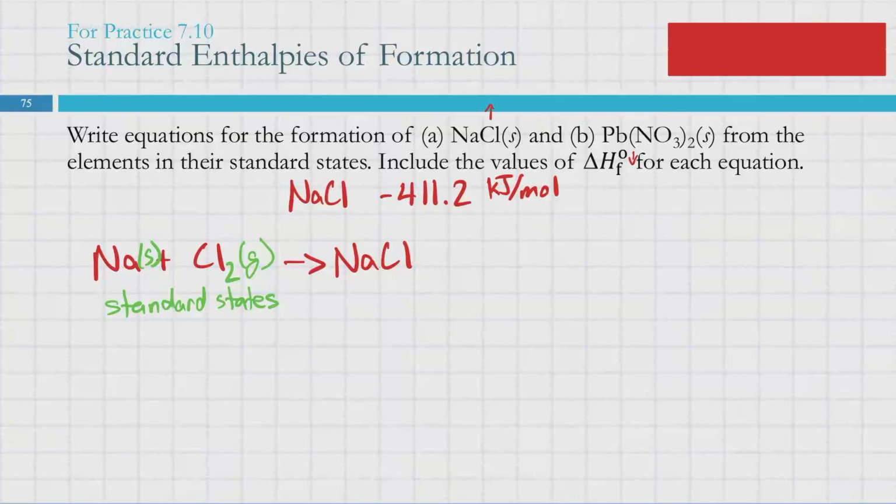What do we need to do to get it balanced? Multiply chlorine by 1/2. That's exactly right. So we put a 1/2 in front of chlorine because our sodium chloride has to have the invisible coefficient of 1. And now it's balanced. We can add in our standard heat of formation that we got from the table, like so.